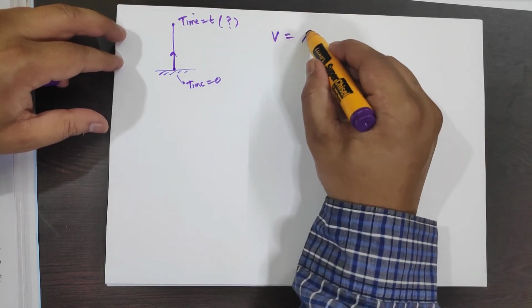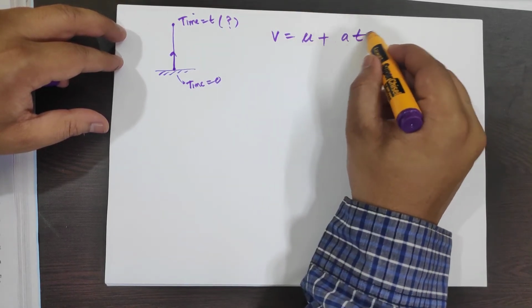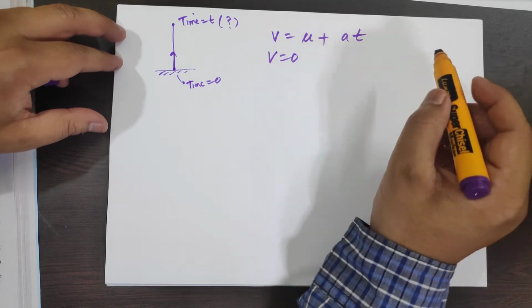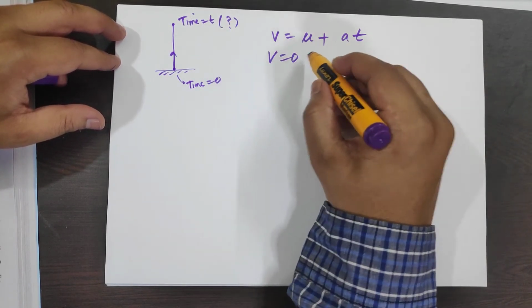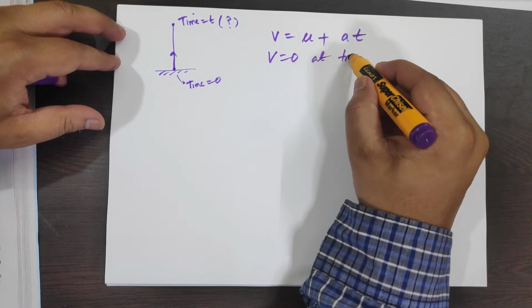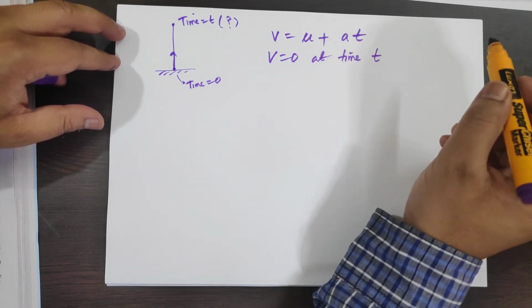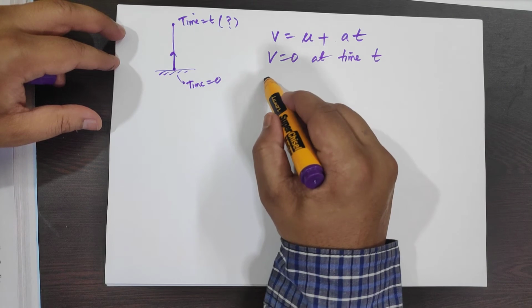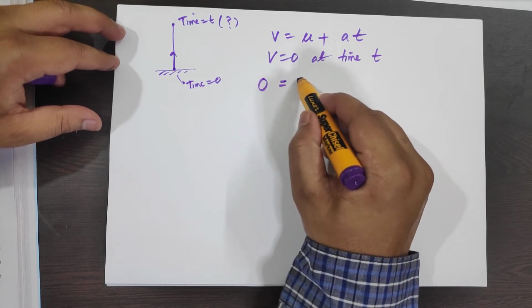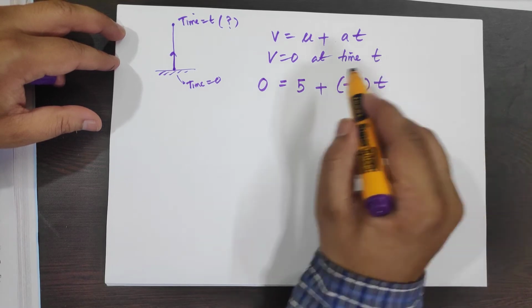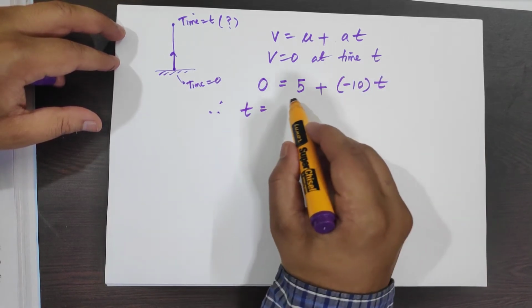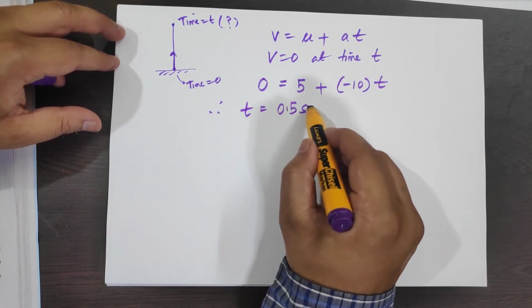So you can use v equal to u plus at. Put v equal to 0 at time t. So 0 equal to 5 plus minus 10 into t. Therefore, t equal to 0.5 second.